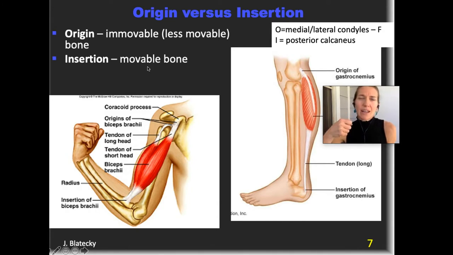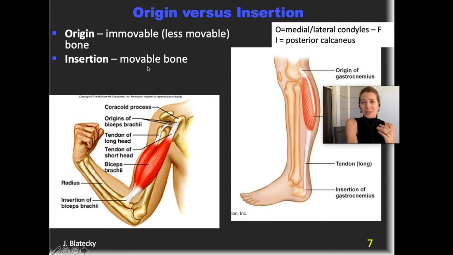So this is where it pays immensely to be able to know the function of a muscle. What does a muscle do? How does it move the body? If you can think about that, then it makes determining that origin and insertion really intuitive. So let's start off with a muscle that we all know, your biceps brachii.